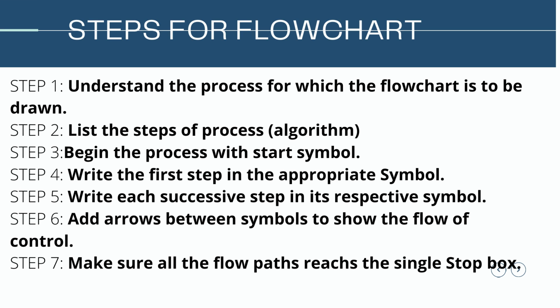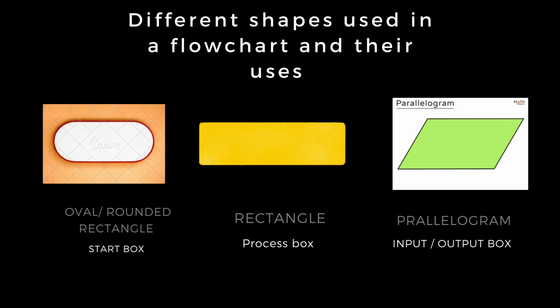Then insert an algorithm in each of the steps of the process, and begin the process with the start symbol. To begin the flowchart, we have to write in the start box, in this oval shape.